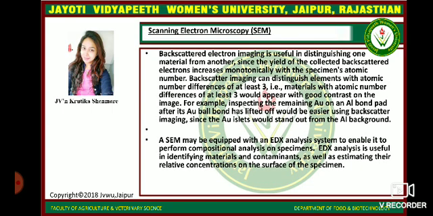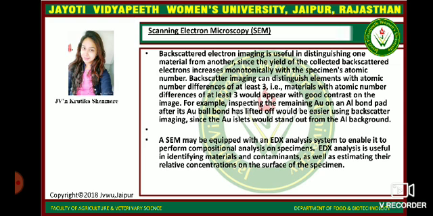Scanning electron microscopy. Backscattered electron imaging is useful in distinguishing one material from another, since the yield of the collected backscattered electrons increases monotonically with the specimen's atomic number. Backscatter imaging can distinguish elements with atomic number differences of at least 3, that is, materials with an atomic number difference of at least 3 would appear with good contrast on the image.